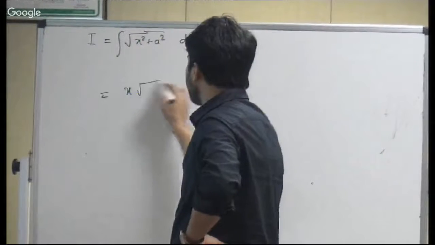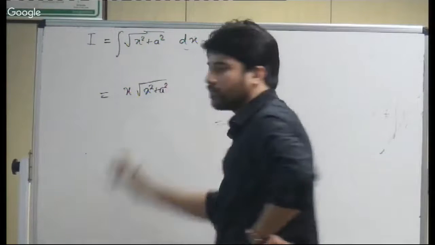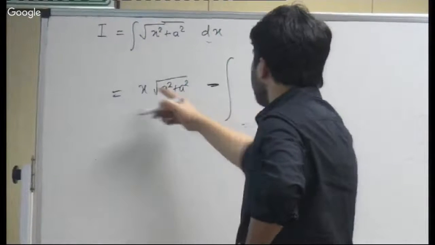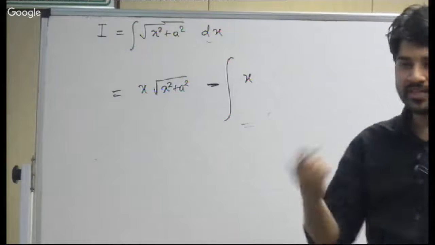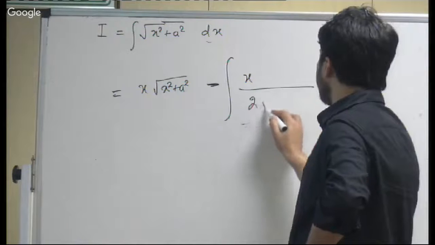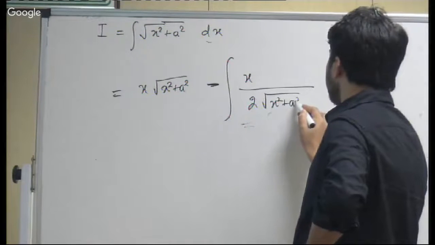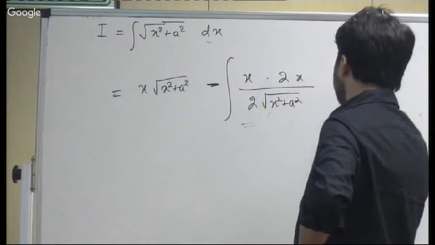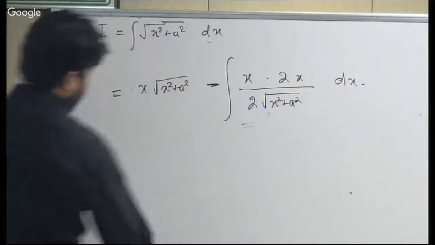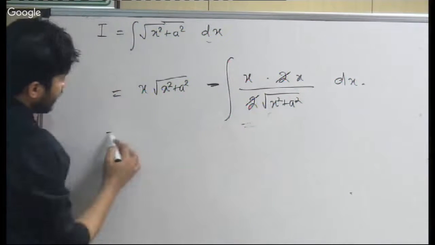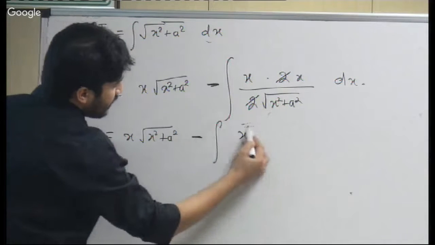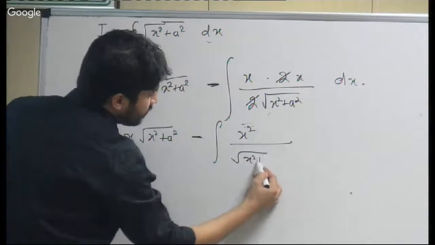So it will be x into under root x square plus a square, minus, the integration of dx is x, into the differentiation of under root x square plus a square, which is 1 upon 2 under root x square plus a square into 2x. Now I'm going to cancel this. So my thing will be x into under root x square plus a square minus x square upon under root x square plus a square dx.